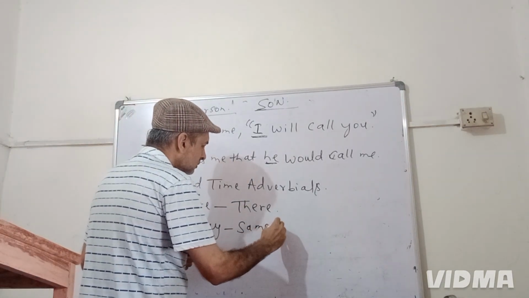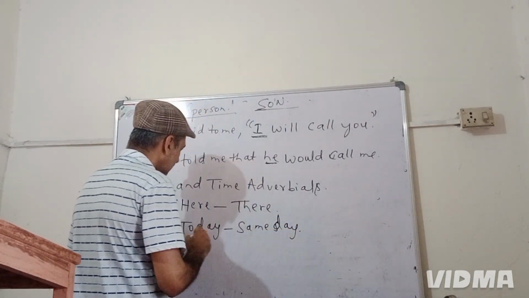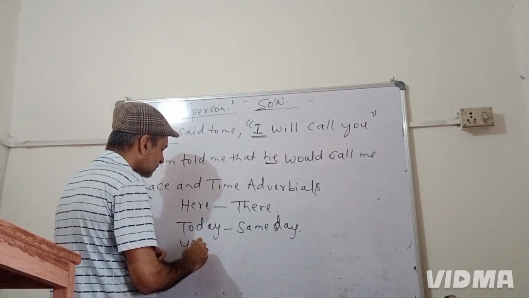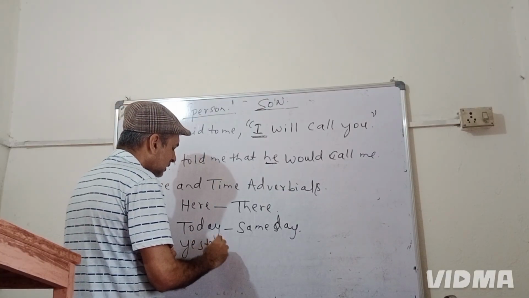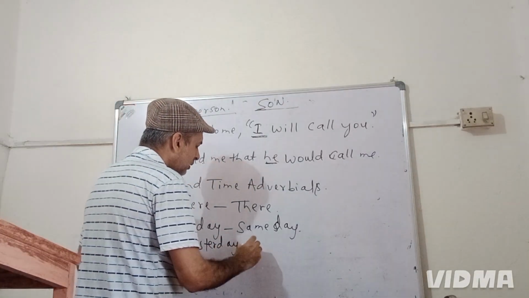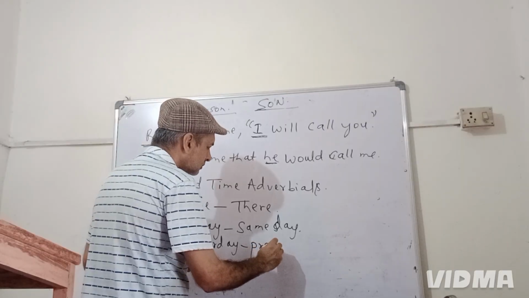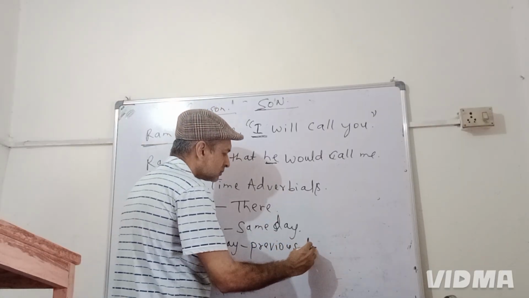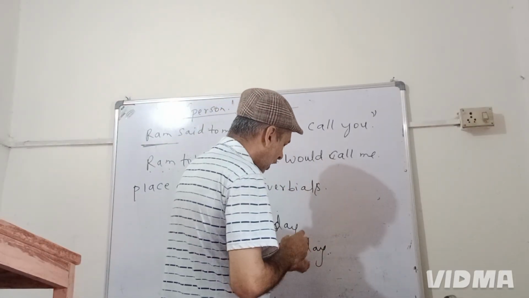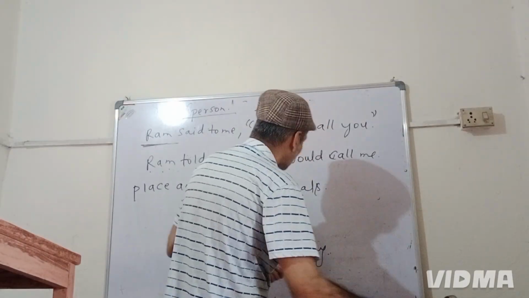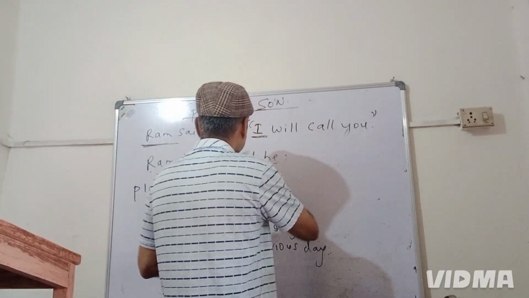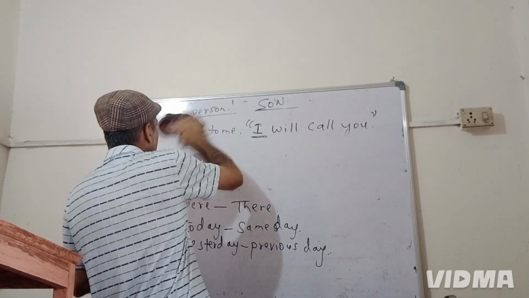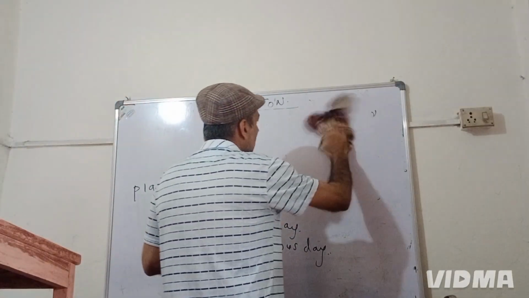Like yesterday. Yesterday is changed into the previous day. Now how it is changed, that also I am going to tell you. Now see how today is changed into the same day.